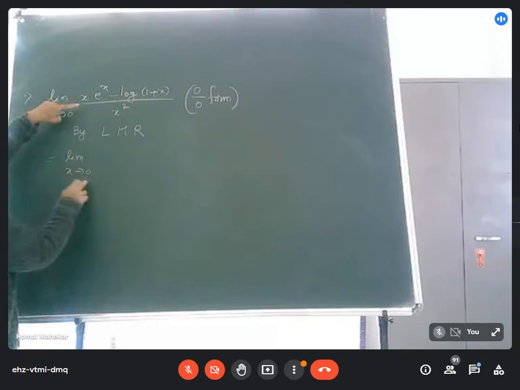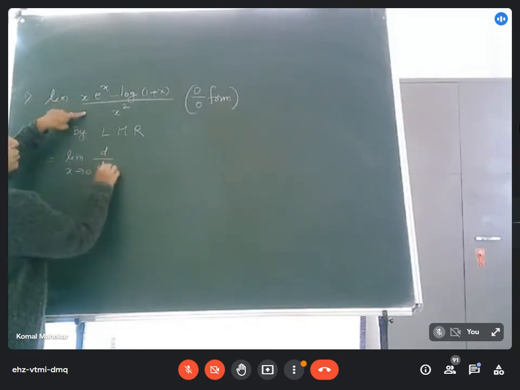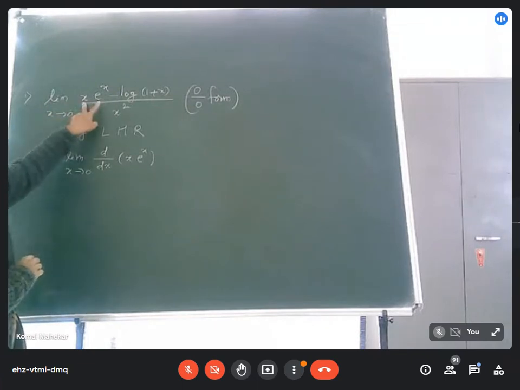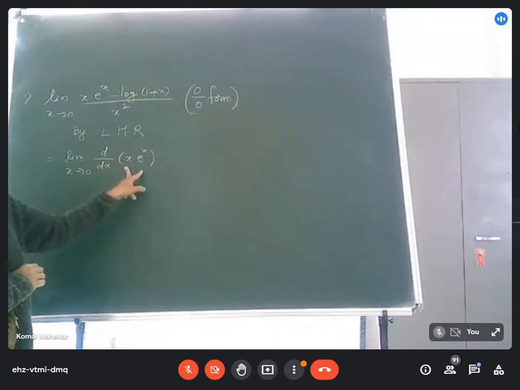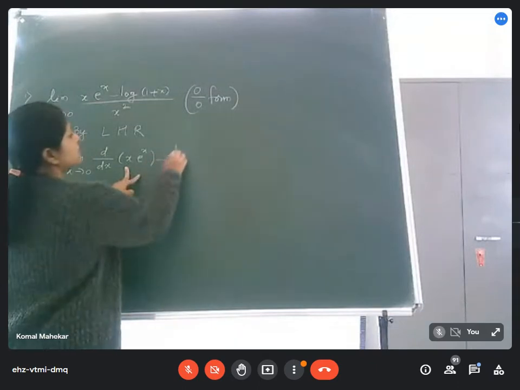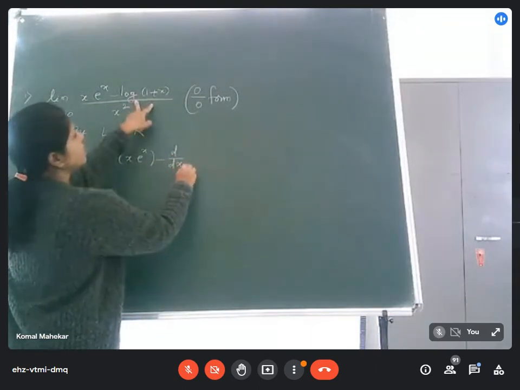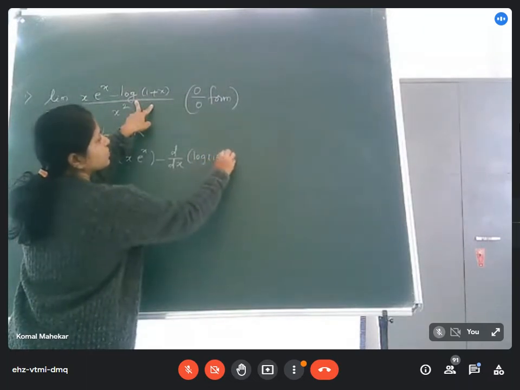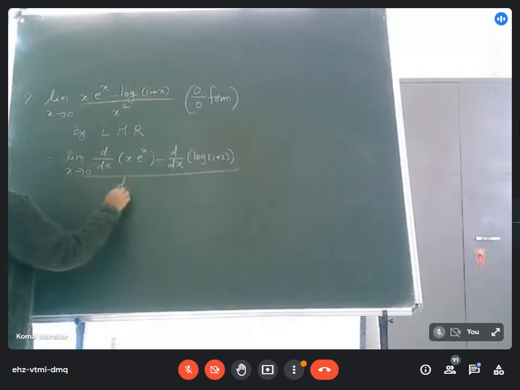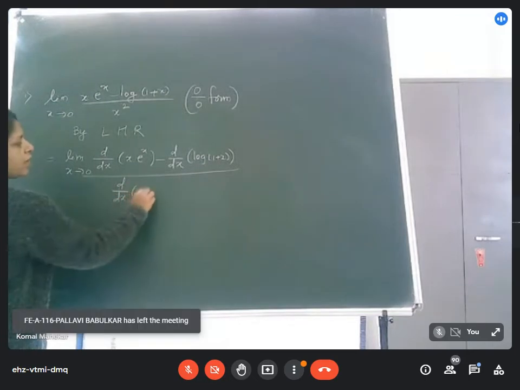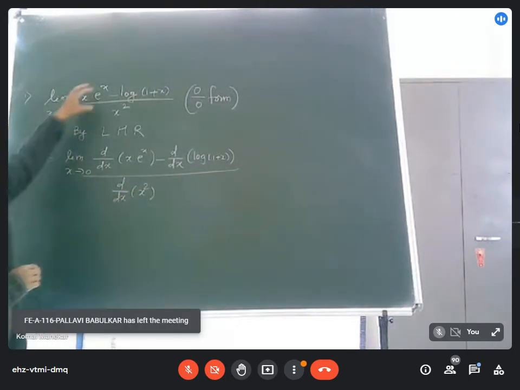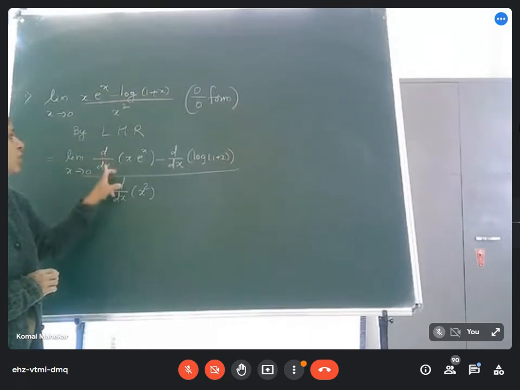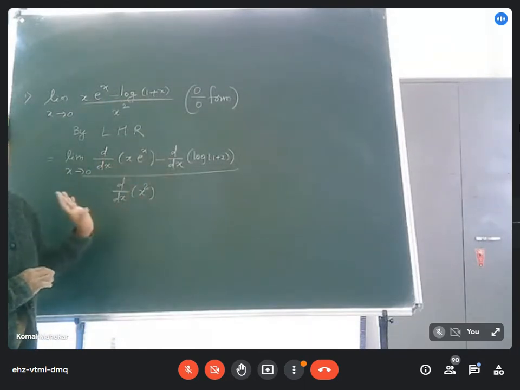As x tends to 0, for each term of the numerator we will differentiate: x e^x is the first term, minus d by dx of the second term, log of 1 plus x, divided by d by dx of x square.